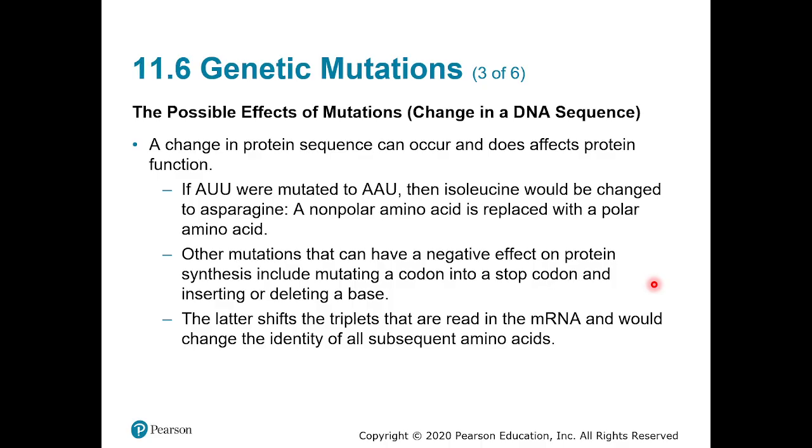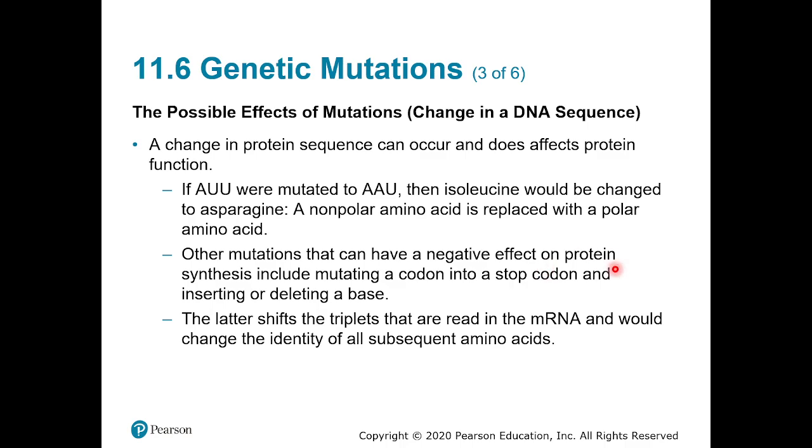We'd code for an entirely different protein. It shifts the triplets that read in the mRNA, and this would change the identity of all subsequent amino acids if we include one or remove one base. Okay. Stop codons obviously would just give you a fragment of that polypeptide, that protein, instead of giving you the whole thing.